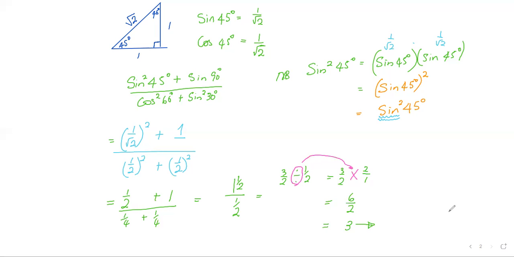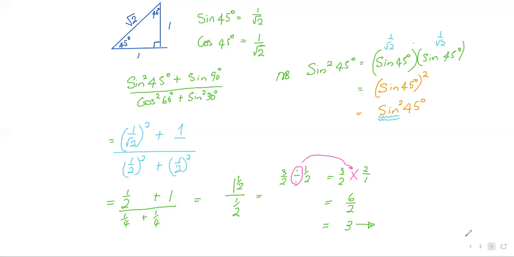Now, let's look at another example. If you have the cos squared 30 degrees plus the sine squared 30 degrees.